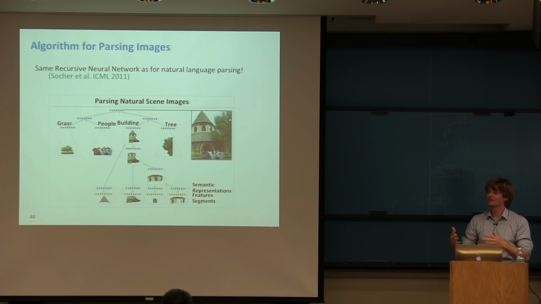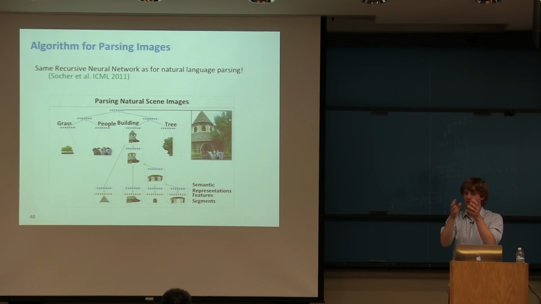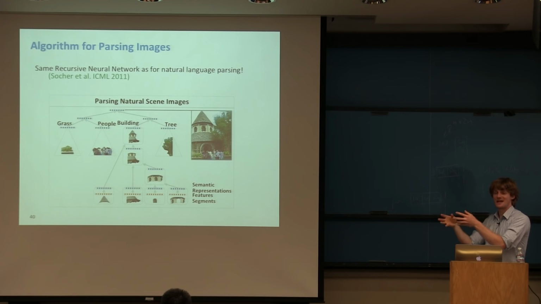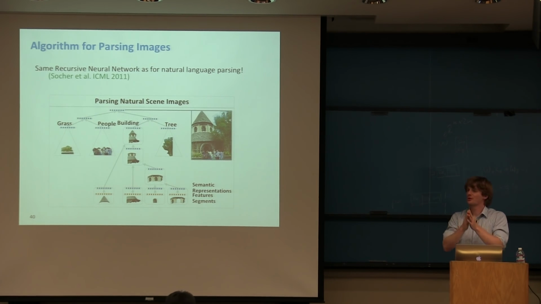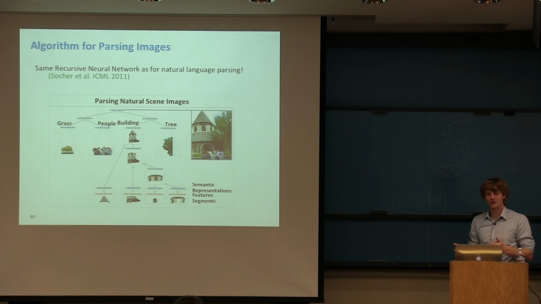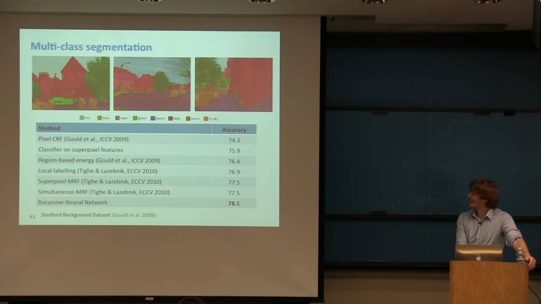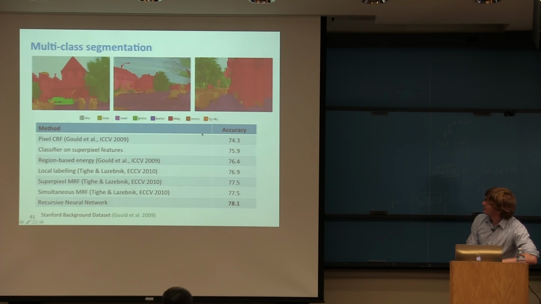We have some training data for that, that says all these different regions are actually part of the same building or street or group of people or tree or whatever. Then we increase scores for things we want to combine and decrease scores for things we don't want to combine. That way we can build these whole structures. And this kind of model, back in 2011, was a state-of-the-art model.